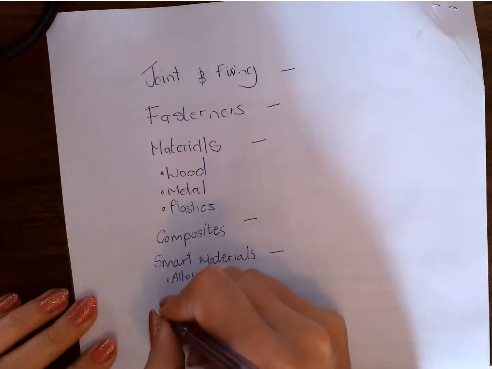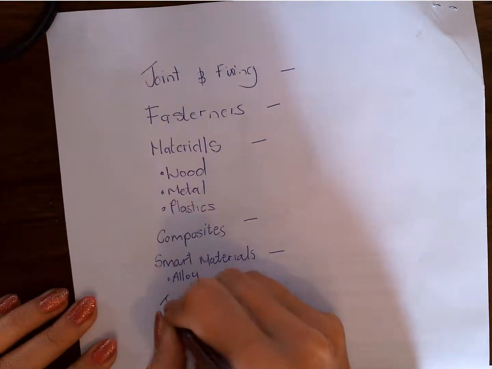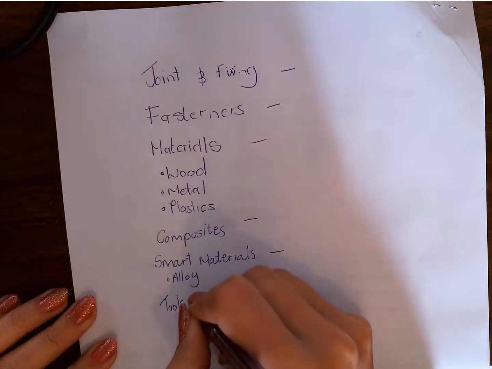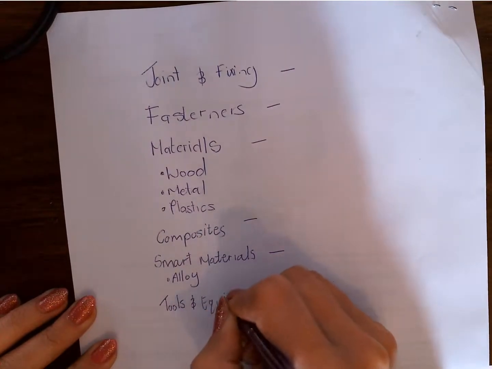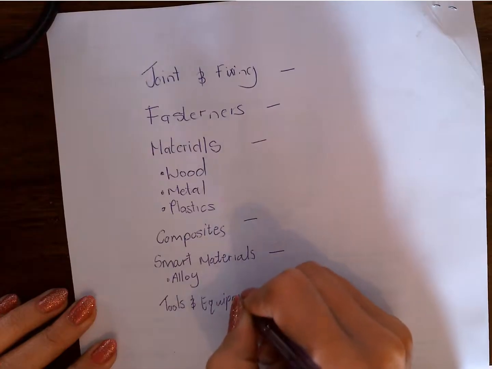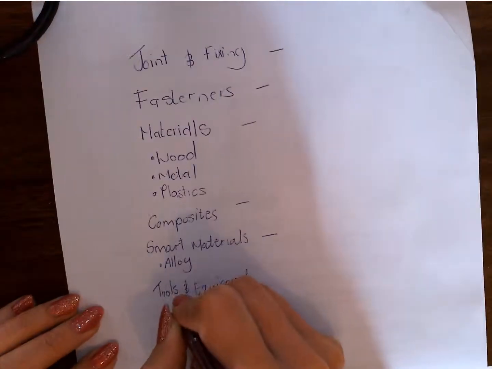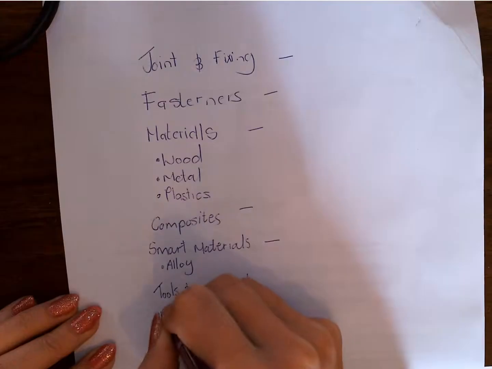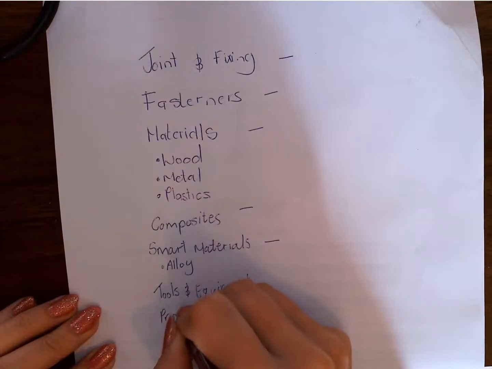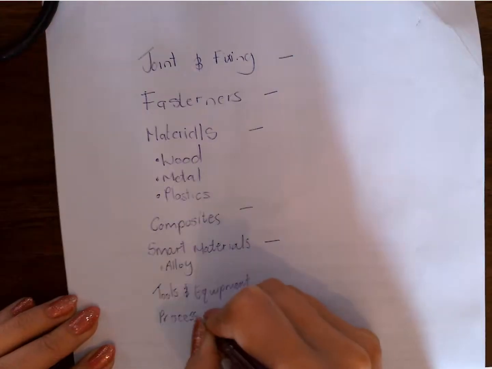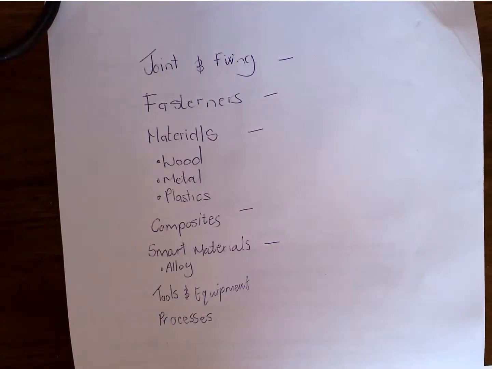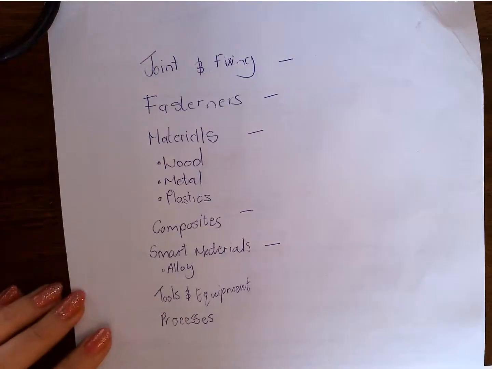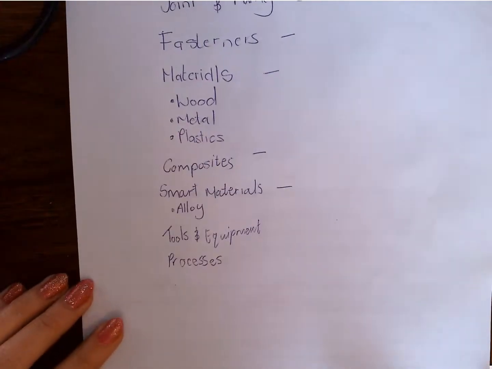Just a few more that I almost forgot about is your tools and equipment, as well as your processes. Your processes is quite important, especially if you're answering that last question. You can add that to a pro or con, and then perhaps your designing concepts.